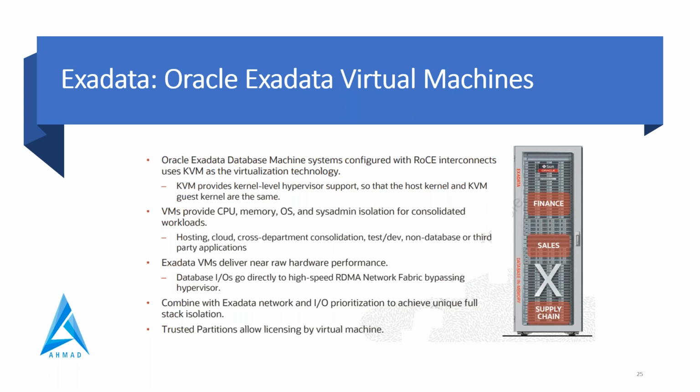So KVM is not supported on the Oracle database machine system configured with InfiniBand interconnect, and Xen is not supported for Oracle database machine systems configured with ROCE interconnect. So these two things you should remember.